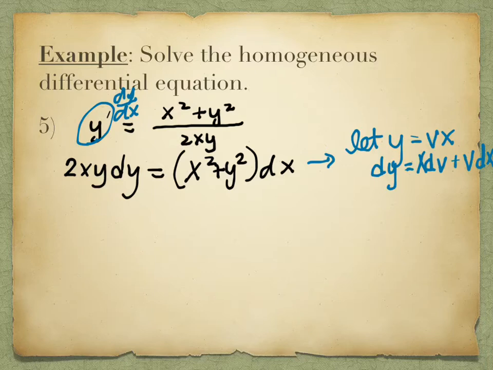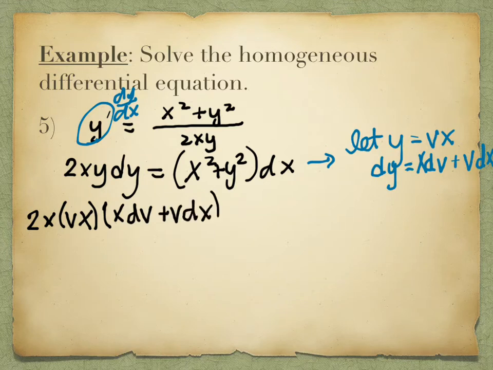So I need another expression for dy that eliminates the need for having a y in the problem because I'm eliminating my y. So over here back in my problem, I have 2 times x times y, which is vx, times dy, which is x dv plus v dx.